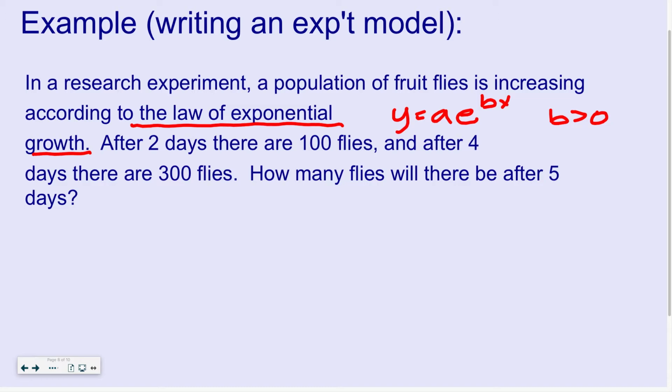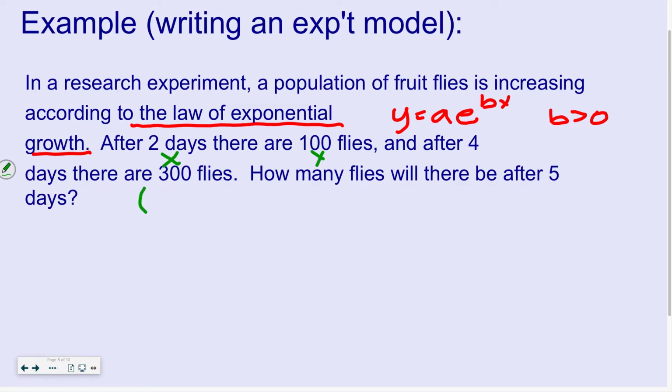So think about the information that's being provided to you. 2 days represents a time, which I just told you time was which variable? X. And the amount that you have at a given time represents Y. A represents the amount at time 0, but I don't think that I have that because I have 2 days and 4 days.